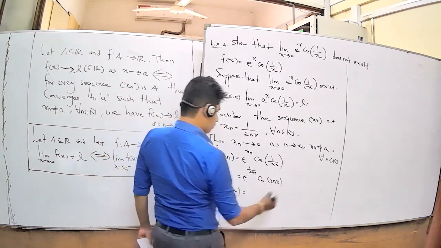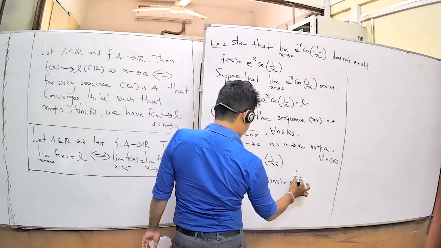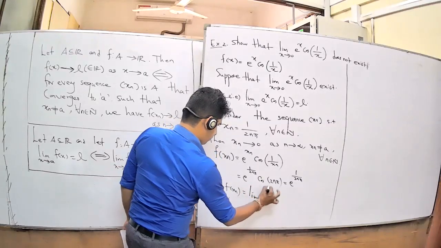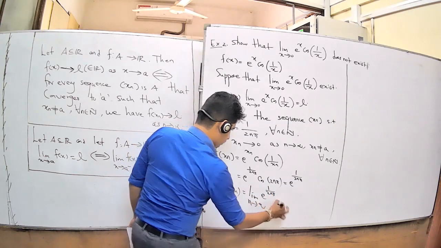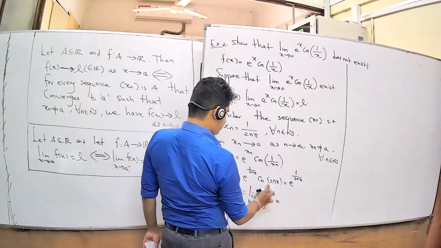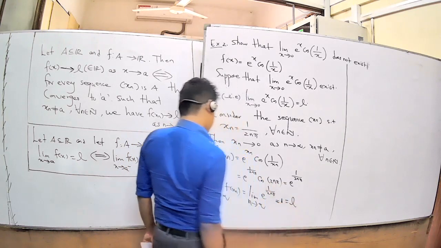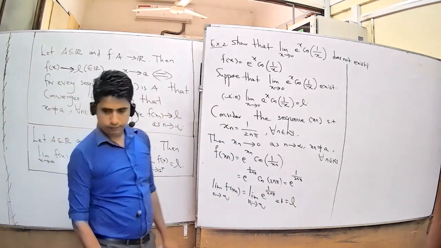Cos 2n pi is 1, therefore you get e power 1 over 2n pi. As n tends to infinity, 1 over infinity becomes 0. Therefore e power 0 is 1. It is your L now.